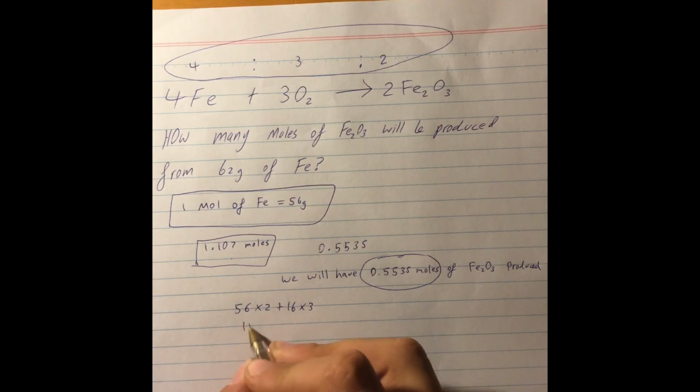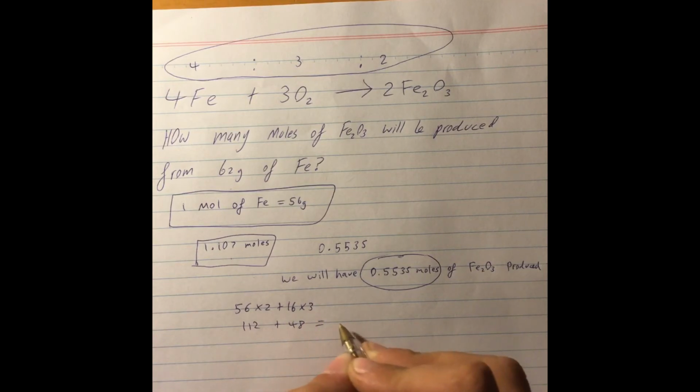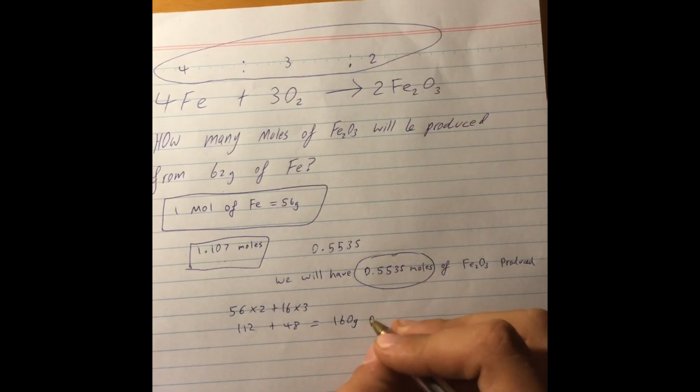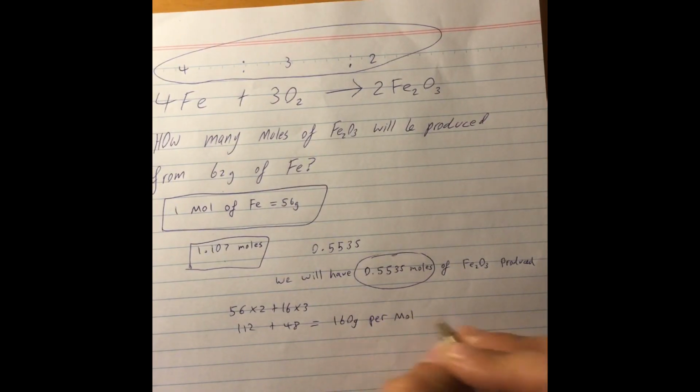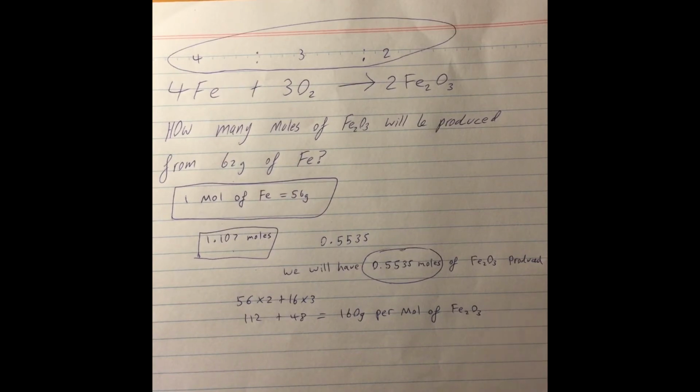So there we have 112 plus 48. It's going to give us 160 grams. So for every mole, 160 grams per mole of iron oxide, right? So for every mole of iron oxide, we're going to have 160 grams.